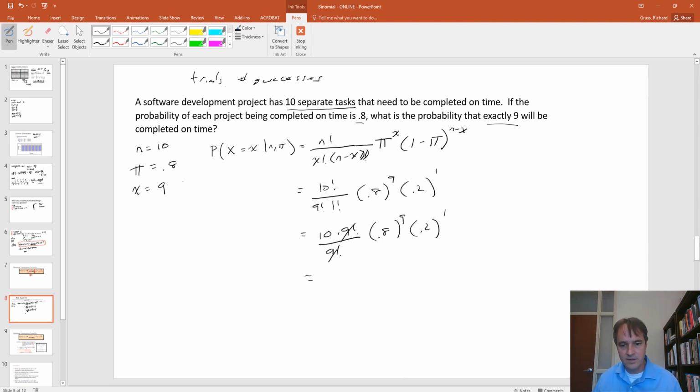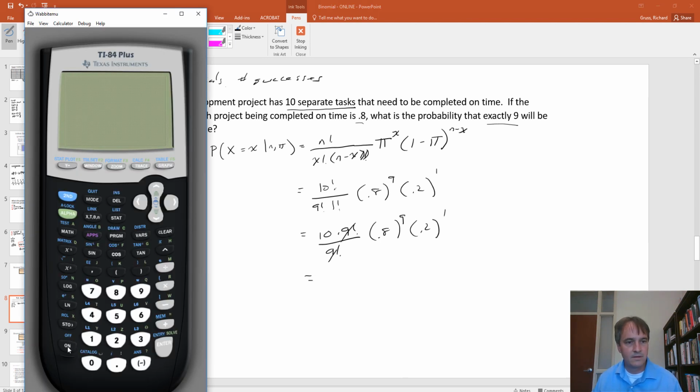And let's go ahead and do it in the calculator here. I don't know what the answer is, so we'll do 10 times 0.8 to the 9th. And we can just plug it right in and not have to worry, because the order of operations will give us the right answer here.